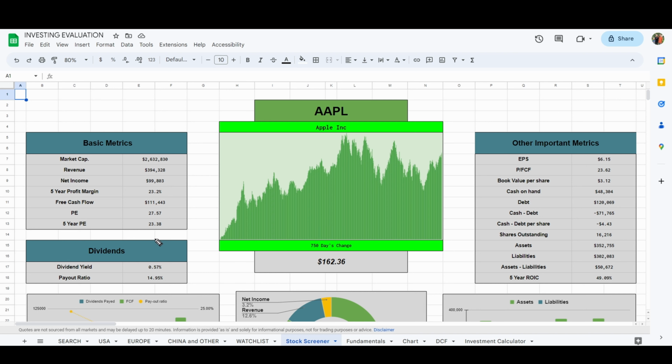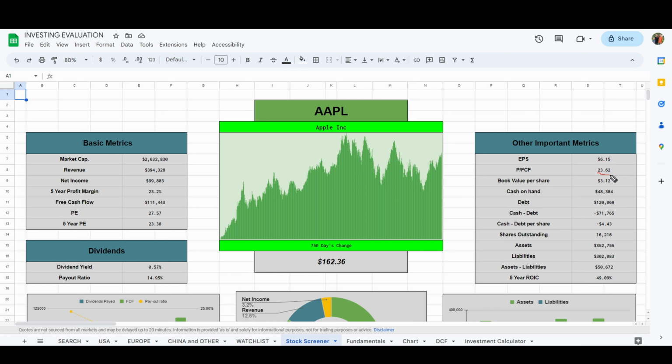And the 5-year price to earnings is the 5-year average price to the 5-year average net income. So basically the same, but over a 5-year average. The earnings per share is how much money the company makes, net income wise, per share. So it's basically net income divided by the total amount of shares, and you get this number.